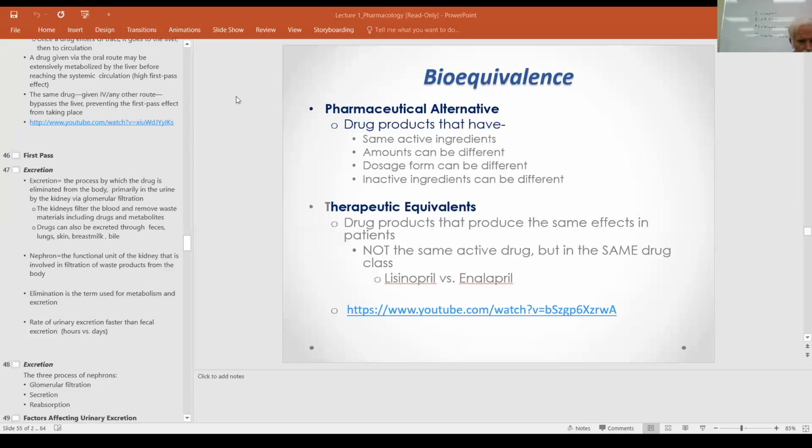So we have drugs that we call therapeutic equivalents, meaning they do the same thing. Usually they have to be in the same class of drugs.